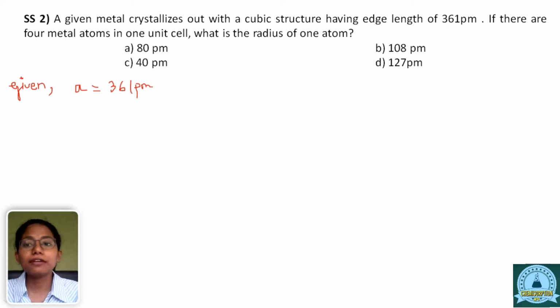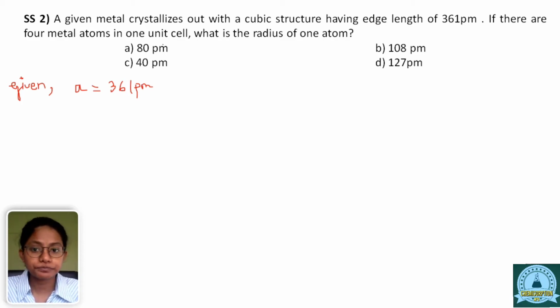If there are 4 metal atoms in one unit cell, what is the radius of one atom? Now you see, in the question the type of the unit cell is not given. It is not mentioned whether it is simple cubic, FCC or BCC. But the hint is that the unit cell contains 4 metal atoms.